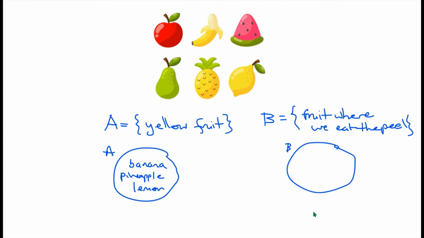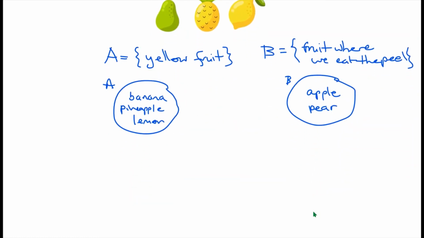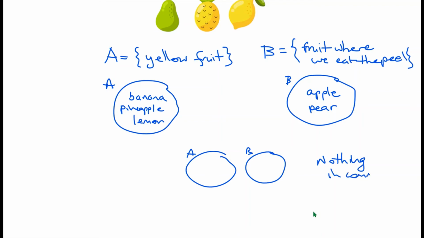So where do we eat the peel? It'd only be apple and pear. And so if I drew a picture of A and B, I would see A here and B here, and nothing in common. They would just sit like that.